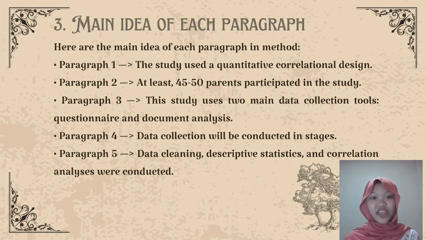In paragraph 3, the main idea is these studies used two main data collection tools, questionnaire and document analysis. In paragraph 4, the main idea is data collection will be conducted in stages. And in paragraph 5, the main idea is data cleaning, descriptive statistics, and correlation analysis were conducted.